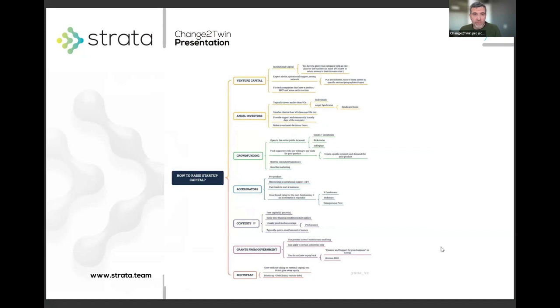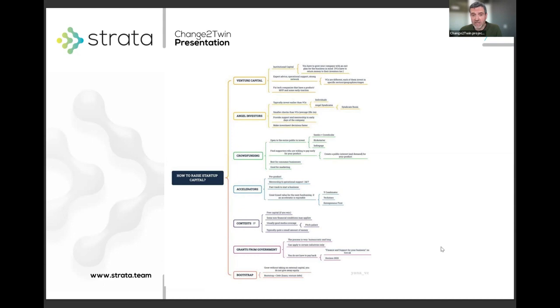Okay, so this slide is just a simple slide showing some of the possibilities to finance startups, or even in general product development. So of course we have private capital that comes in the form of venture capital or angel investors, but we also have accelerators that are super interesting for early stage startups or early stage products.